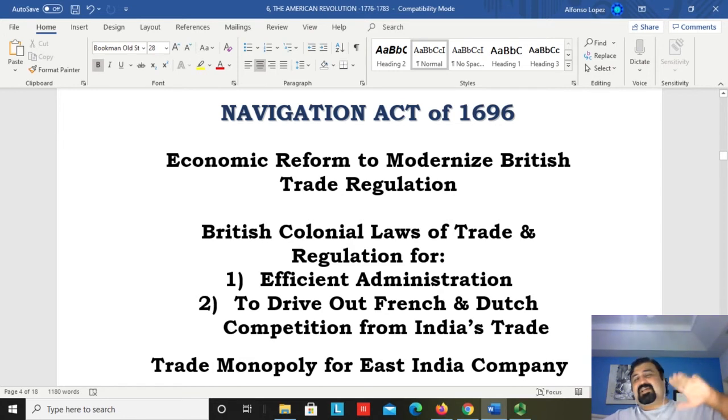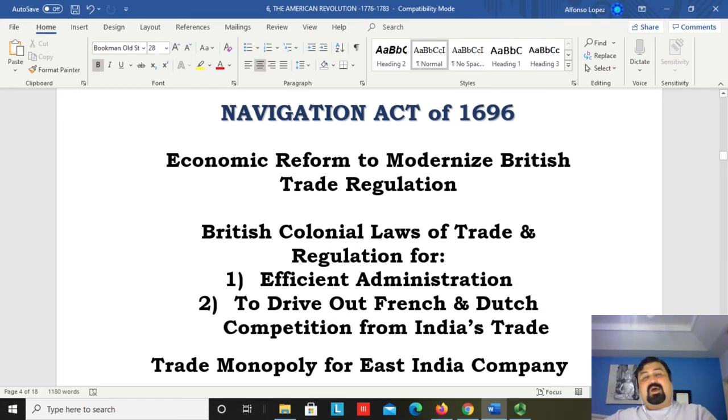Okay, we cannot just allow India to trade with multiple merchants from different regions of the world. We need to make sure that they're only trading with the East India Company. Okay, that the East India Company is going to have a total monopoly of the Indian trade. So we have to do again, trade regulation far more effectively, far more efficiently.